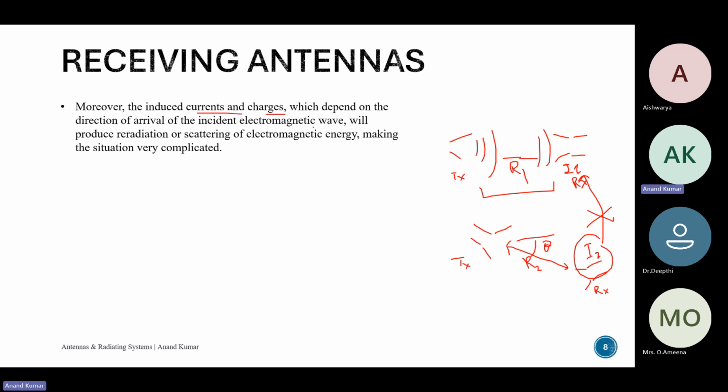So this depends on the direction of arrival of the incident EM wave, and it will also produce re-radiation and scattering of the electromagnetic energy.